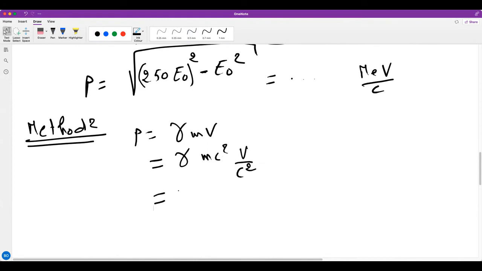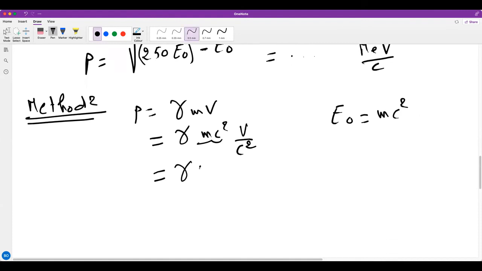What is this? This is the rest mass, the rest energy, the energy at rest, E0, and then I can do v divided by c and 1 over c. Now we know that this is an energy because gamma has no dimension, no unit. v over c is beta, which has no unit, and this will be in MeV.